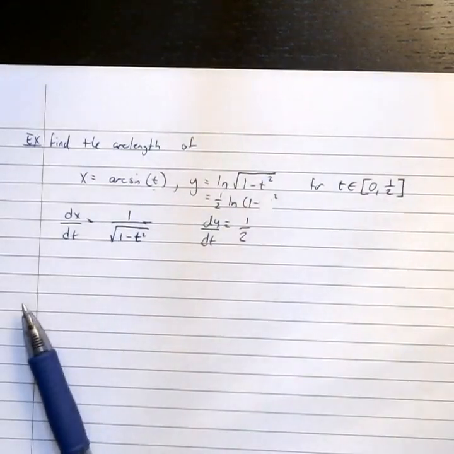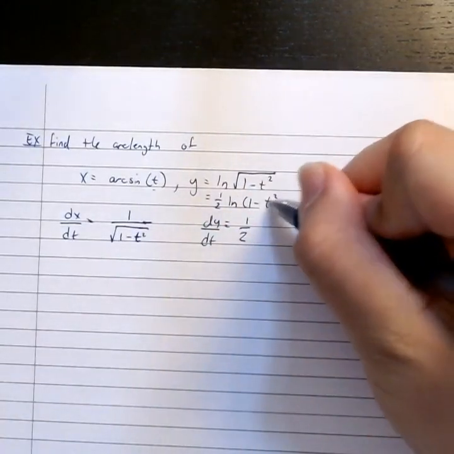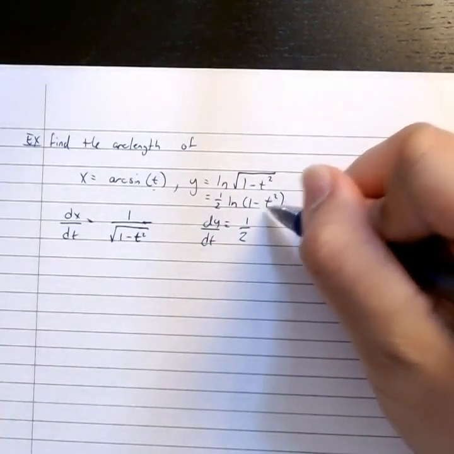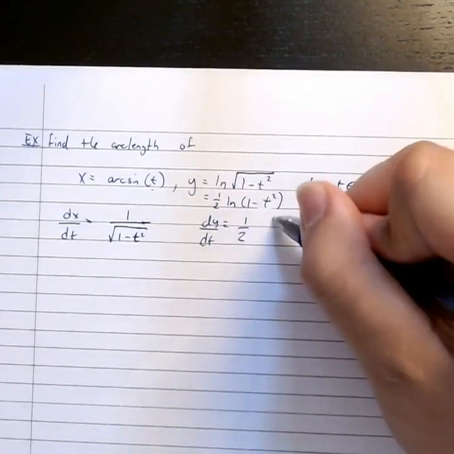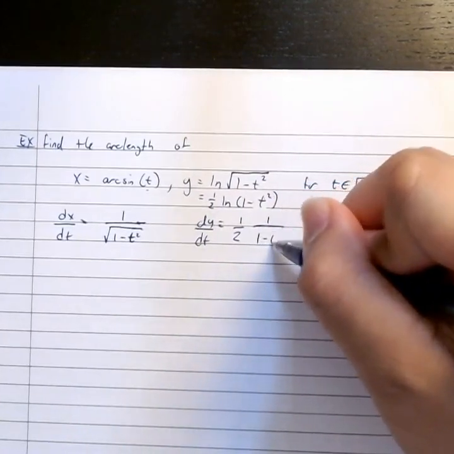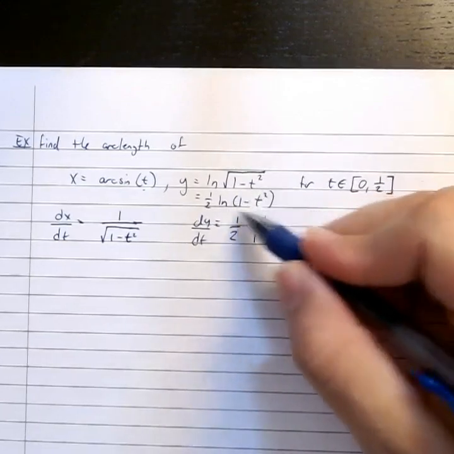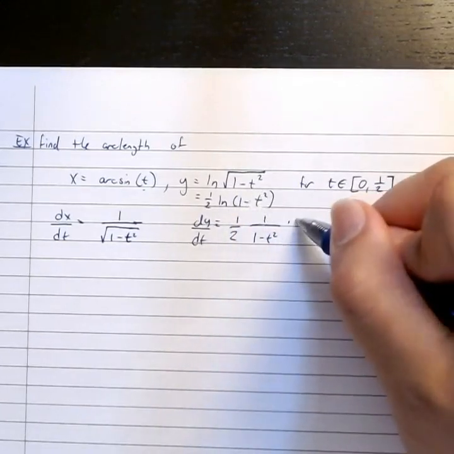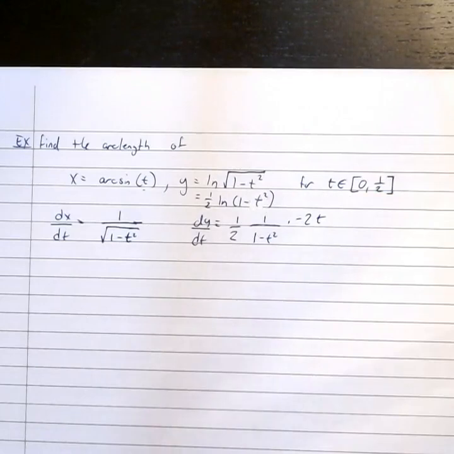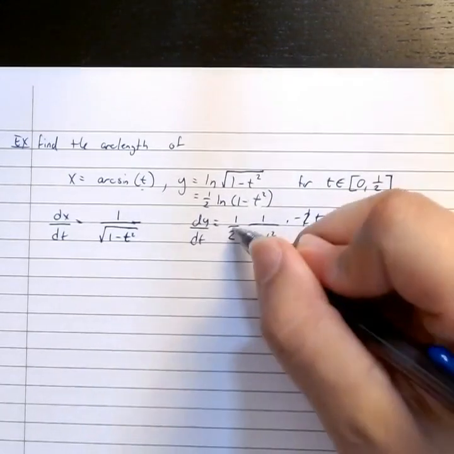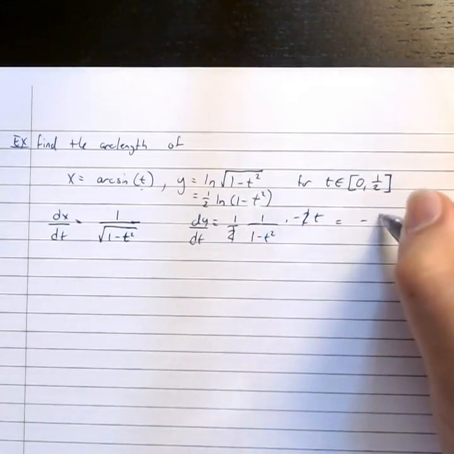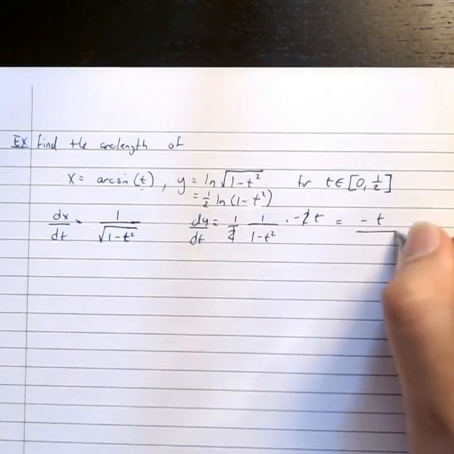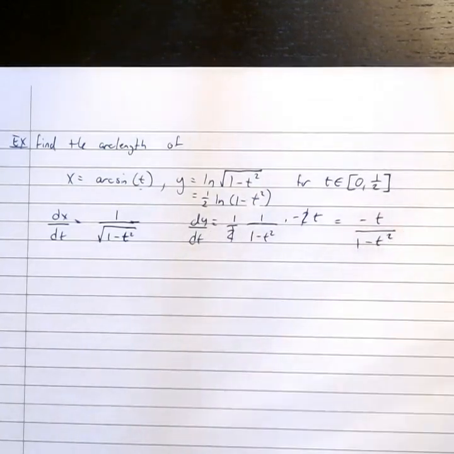The derivative of the natural log of something is going to be 1 over that something times the derivative of that something, which in this case is just negative 2t. And so here these 2's cancel out, and we're left with negative t in my numerator over 1 minus t squared in my denominator.